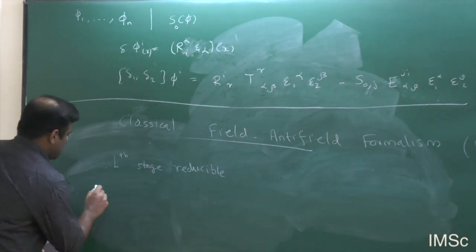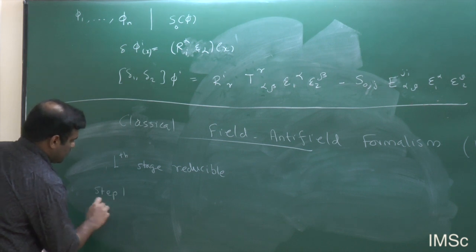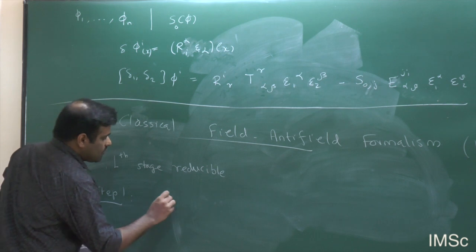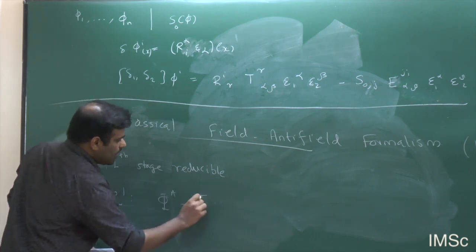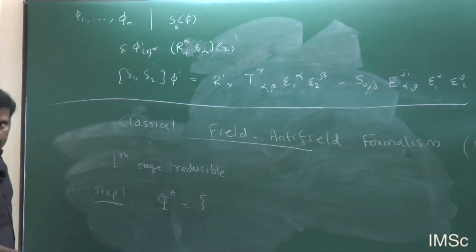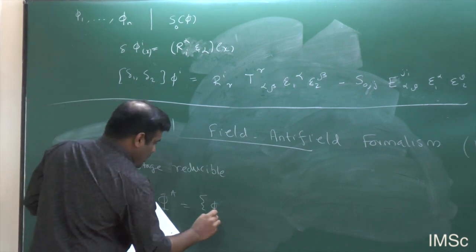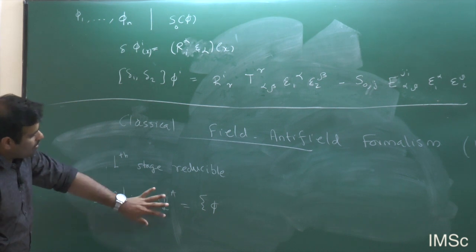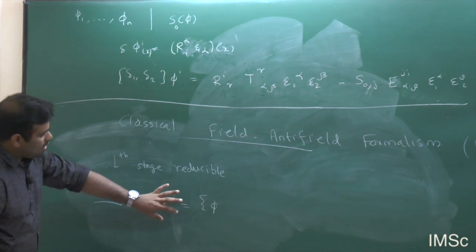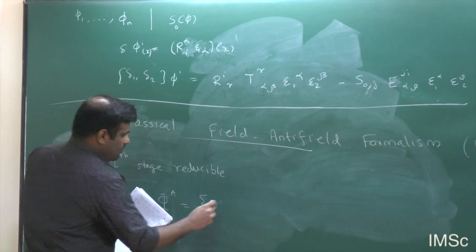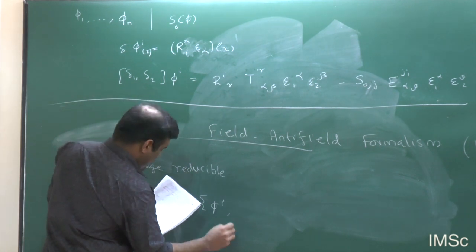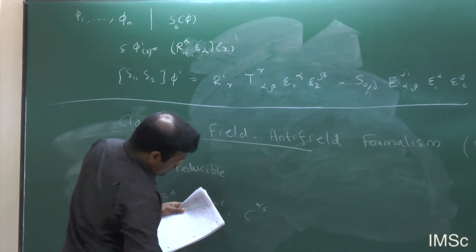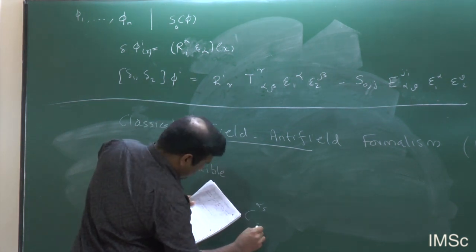Step 1 is to identify the field content of your theory. Basically, you have to identify the gauge structure and then introduce a notation capital Phi^A, which corresponds to a collection of fields: first the fields of the kind phi^i, then the set of all ghost fields that you have to introduce for the gauge invariances.